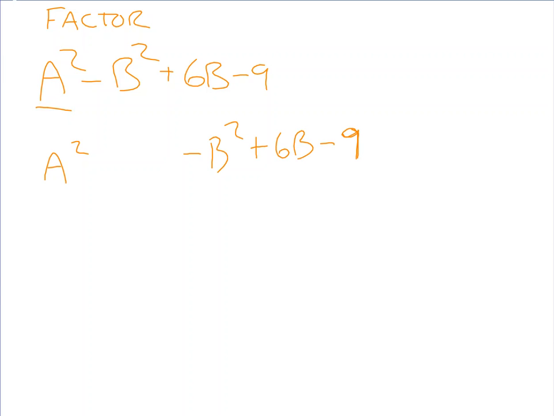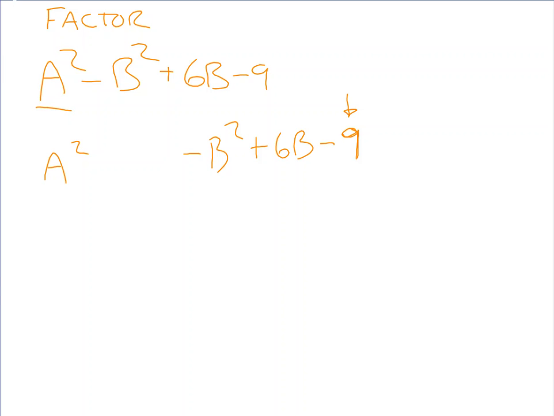Now that looks like something we've handled before. The only problem is, it kind of looks like a square binomial, but I'm looking at that negative 9, and that just doesn't feel good because 3 times 3 is 9. Negative 3 times negative 3 is positive 9, but we have a negative 9.